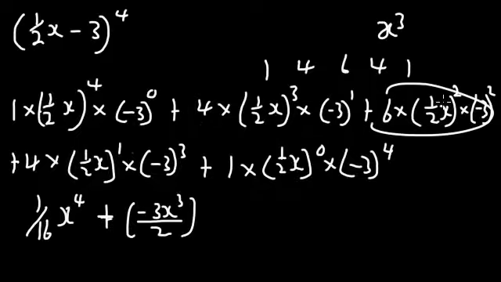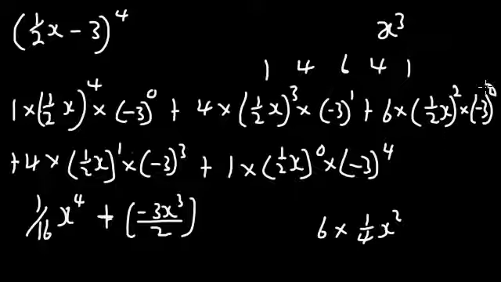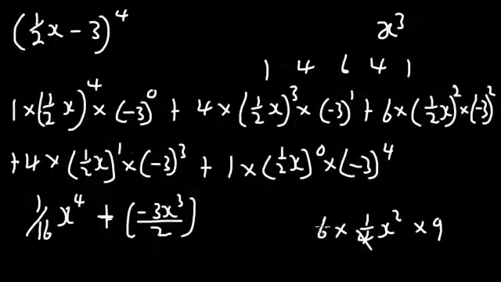Now for the third term, 2 to the power of 2 is 4. So that's 6 times 1/4 of x to the power of 2. It's affected both of them. Now negative 3 all squared is simply 9. Now 2 reduces this. We have 3, we have 2. 3 times 9 is 27.